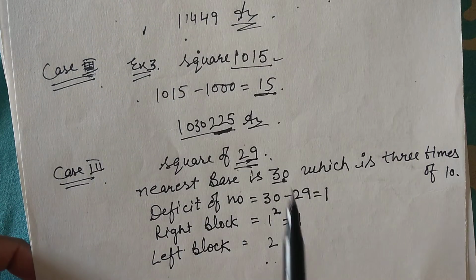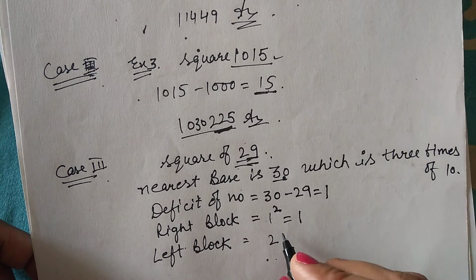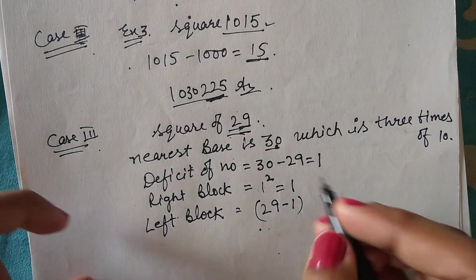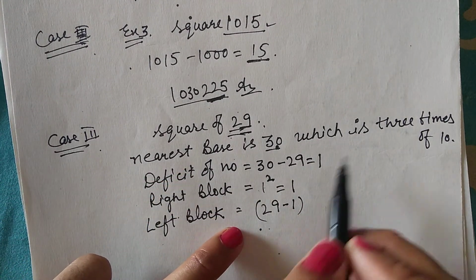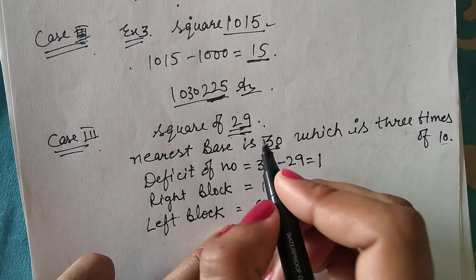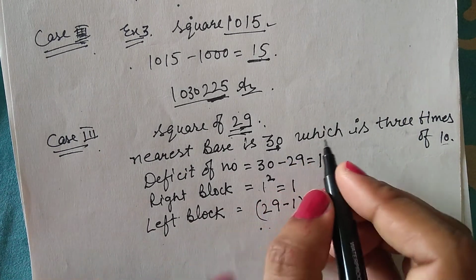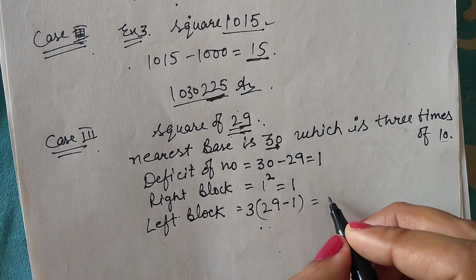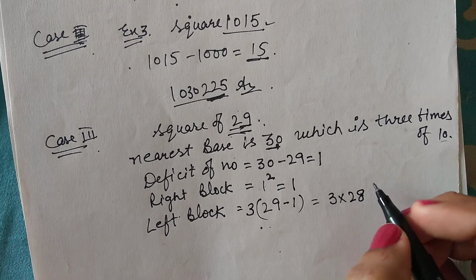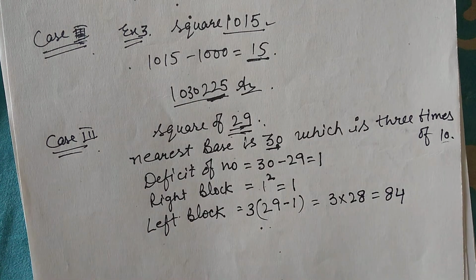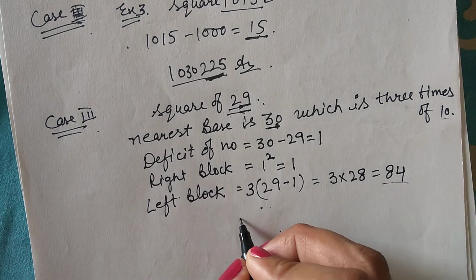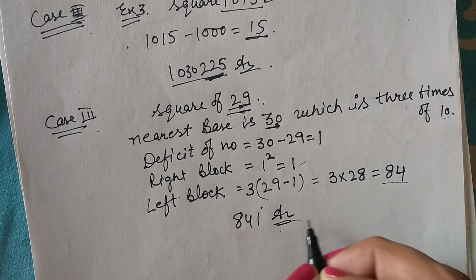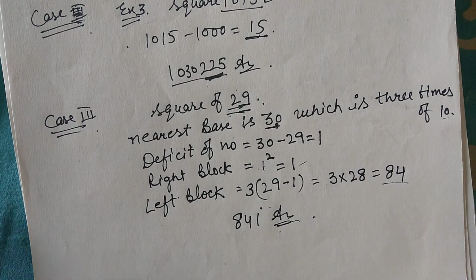So here also we subtract 29 minus 1. But here, as we know, this is not base 10, this is base 30, that means 3 times 10. So we multiply this by 3, that is 3 into 28, that is equal to 84. That is our left hand side number, and that is our right hand side number.